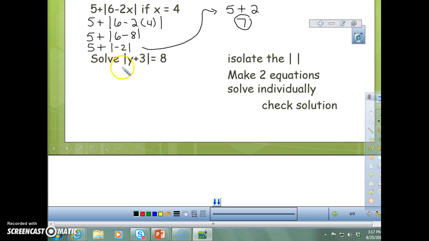So what this says is that the distance is equal to 8, so it could be a positive 8 on the number line, or it could be a negative 8. So you do have to do both.